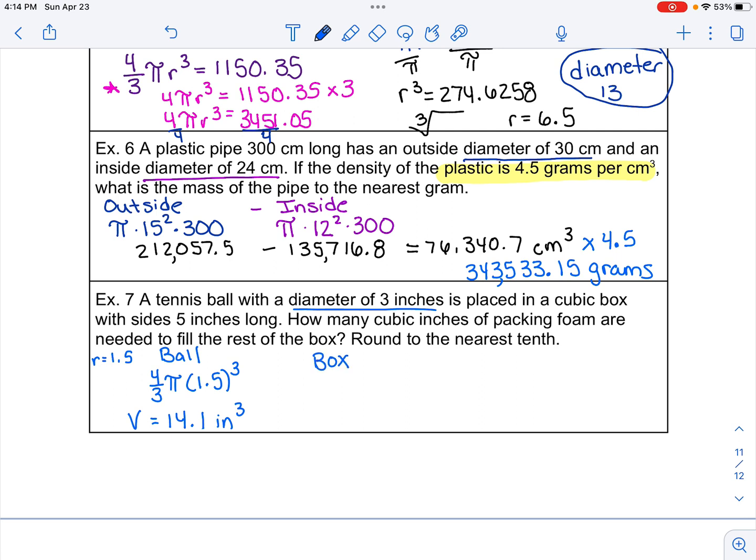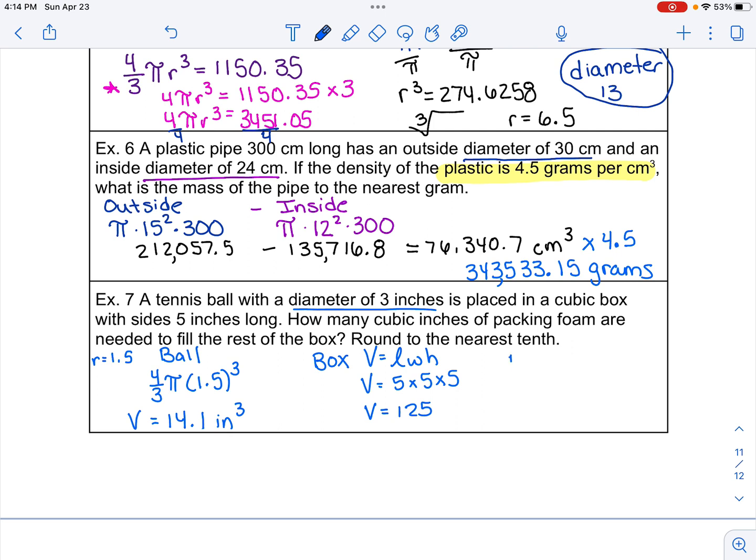And then the box, a cube, is just length times width times height. In this case, it's 5 times 5 times 5, since they're all the same on every side, which is 125. How many cubic inches of foam will be needed to fill the rest of the box?